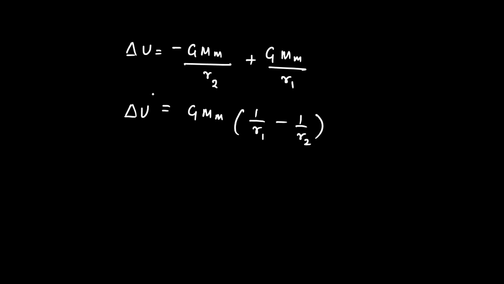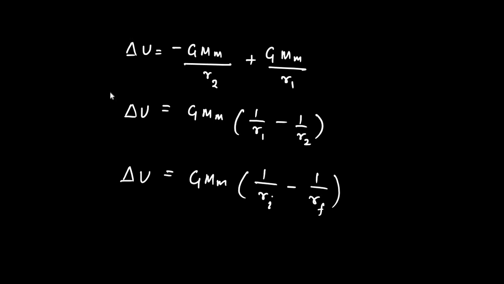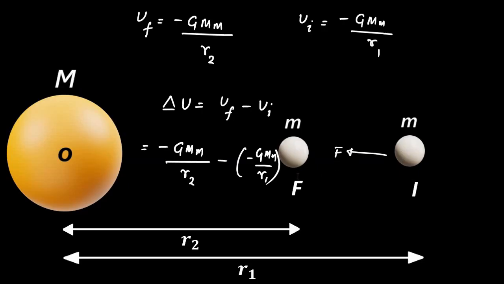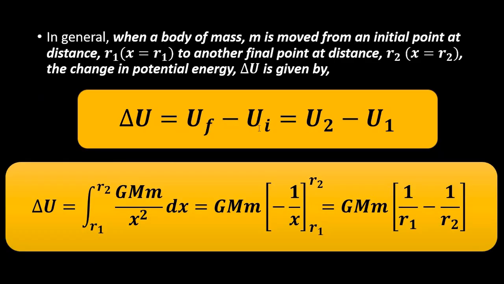Here r2 is the final point, r1 is the initial point. We can write it in terms of initial and final points: G capital M small m, 1 by the initial separation minus 1 by the final separation. As the position changes from initial to final point F, the change in the potential energy is expressed as this: UF minus UI, or U2 minus U1. We could perform the same integration and we'll get the same result.